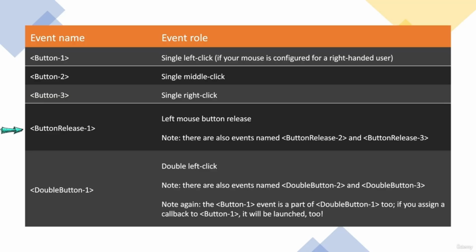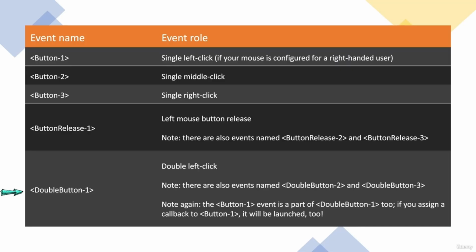Next is ButtonRelease-1 event, which is a left mouse button release. Note, there are also events named ButtonRelease-2 as well as ButtonRelease-3. Next, we have Double-Button-1 event, which is a double left click.